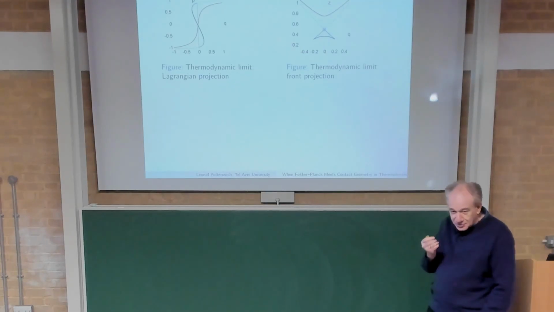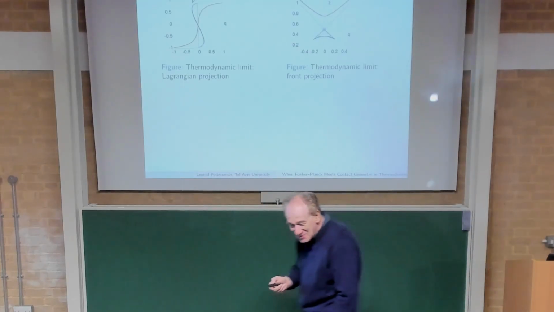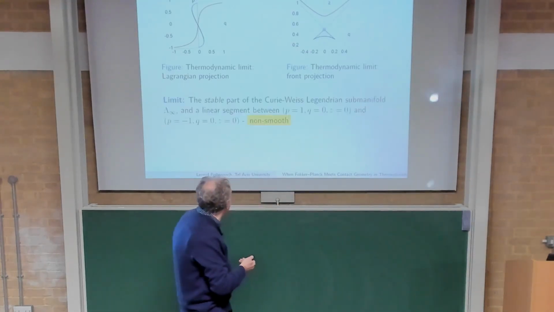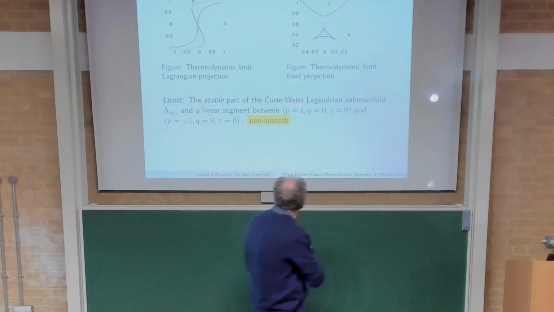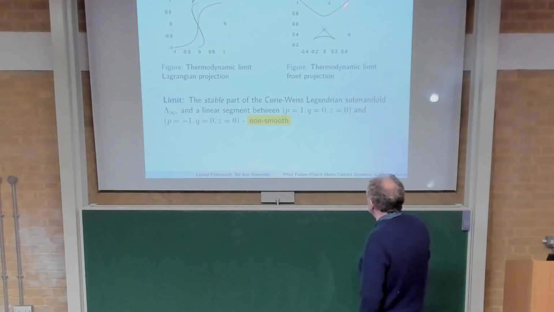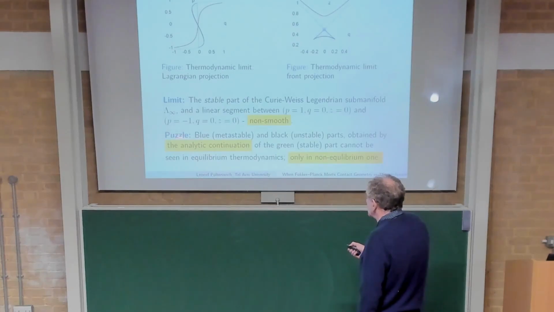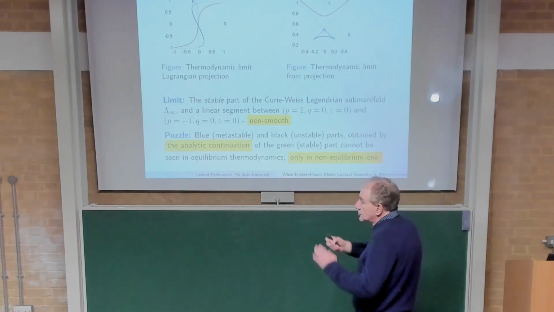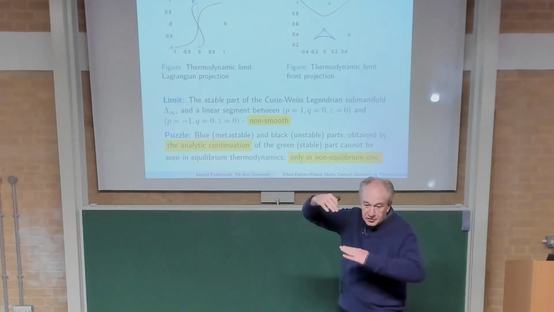Wait a second. That's of course a good question. Yeah. So now, this green thing is called the stable part. And blue, that's the puzzle, right? So blue is metastable, and black is called unstable. And to make a correct statement, you will pass to 3-dimensional space.